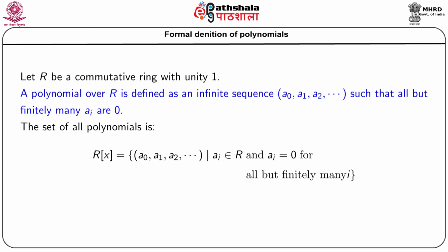The set of all polynomials over a commutative ring with unity R is denoted by this symbol, which is read as R x, and this is the set of all infinite sequences where the terms of the sequence are in R and almost all, that is all but finitely many ai, are 0.